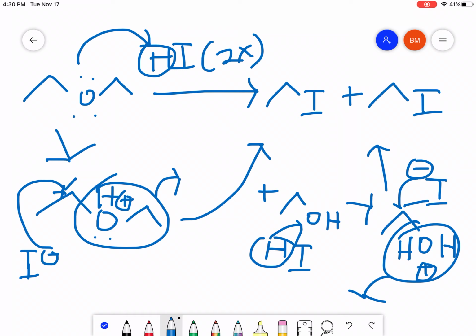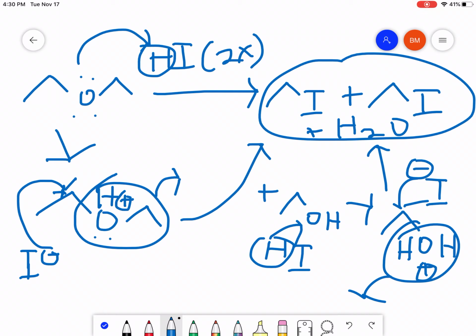In this case, you end up with two identical alkyl iodides and water. Okay? So basically two stages here. First is the cleavage of the ether, and then the reaction of the alcohol byproduct. So you're always going to get two molecules of alkyl halide.